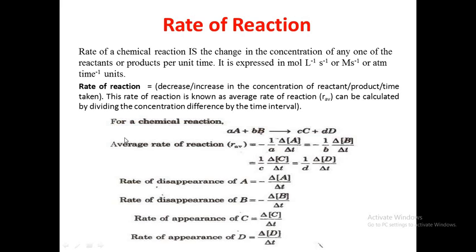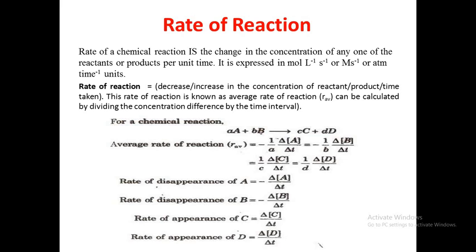So to get the equal rate, always remember when the coefficients are not equal, then minus 1 by a, delta A by delta t, again equal to minus 1 by b, delta B by delta t, again equal to 1 by c, delta C divided by delta t, equal to 1 by d, delta D divided by delta t. So to get equal rates for the reaction, you have to always divide the rate with respect to each reactant and product by their coefficients.